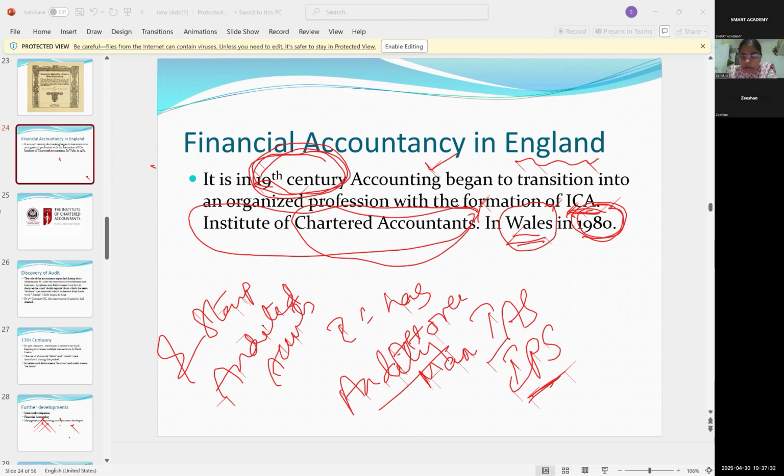And this same organization, how it looks.